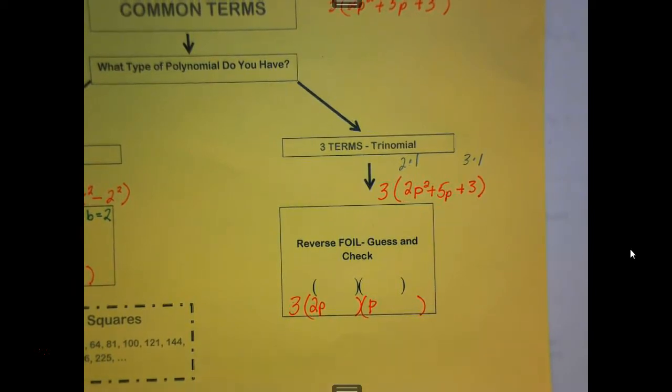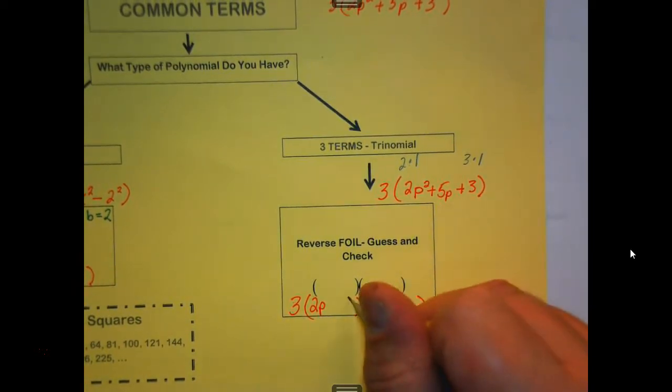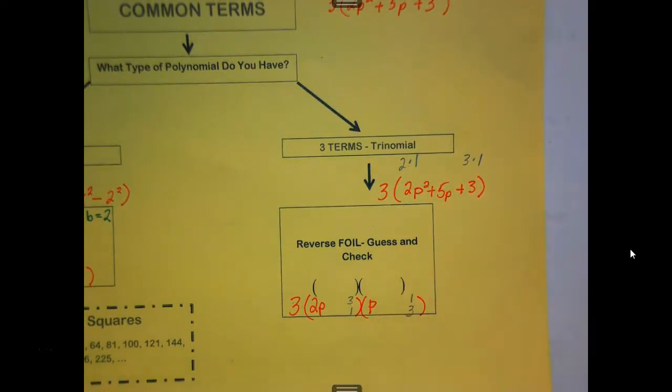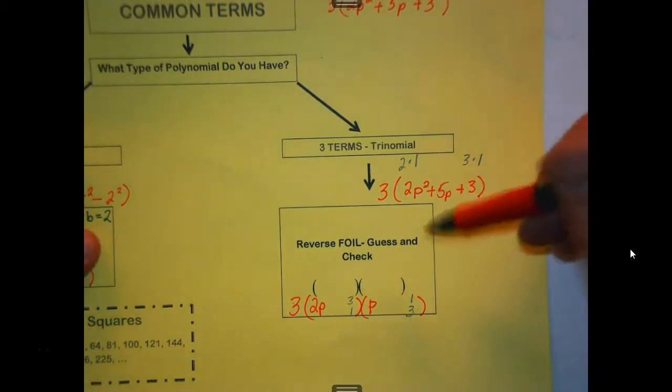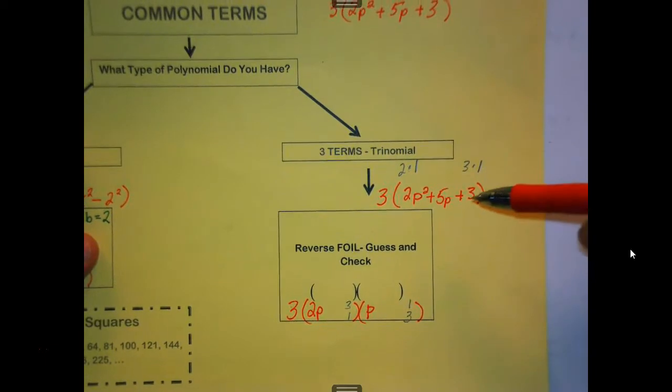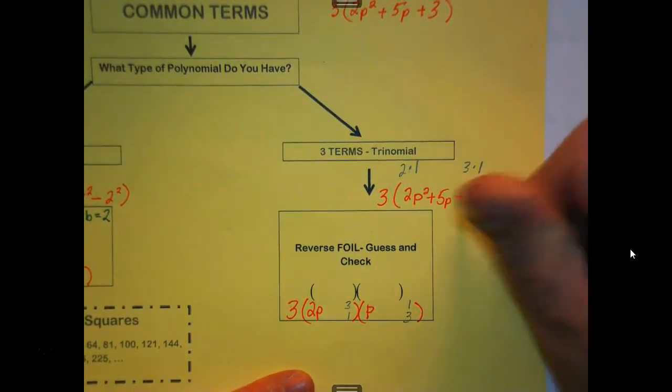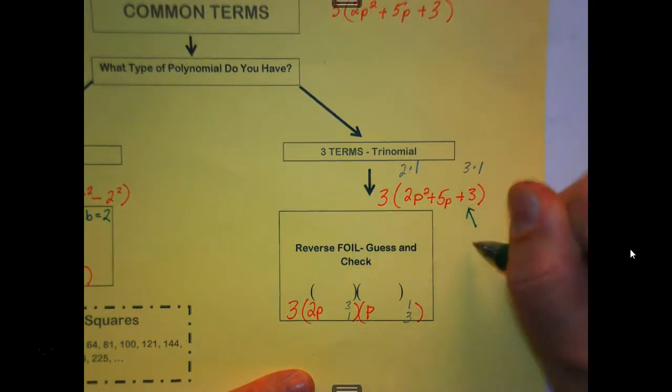Now, the question here is, am I going to use 3 times 1 or 1 times 3? Well, I don't know yet. I'm not quite there yet. Okay, let's figure out the signs. They multiply to a positive 3.